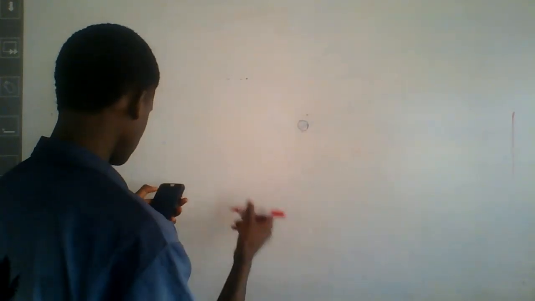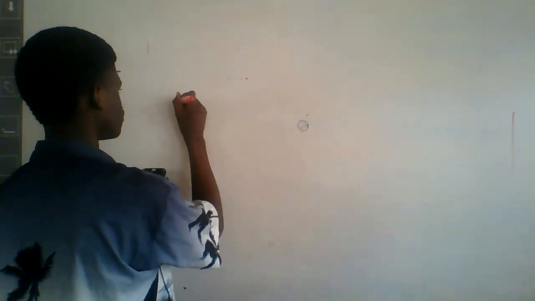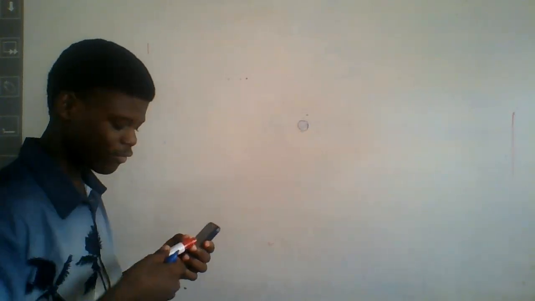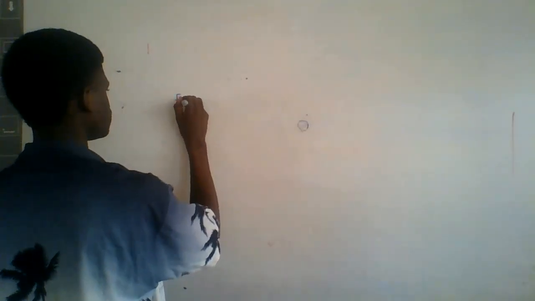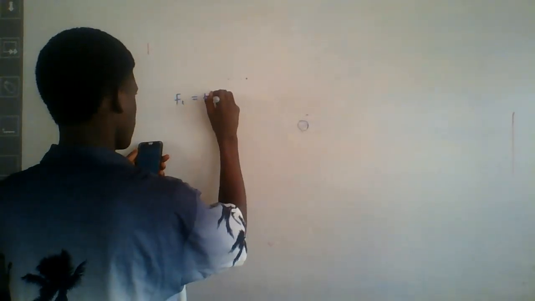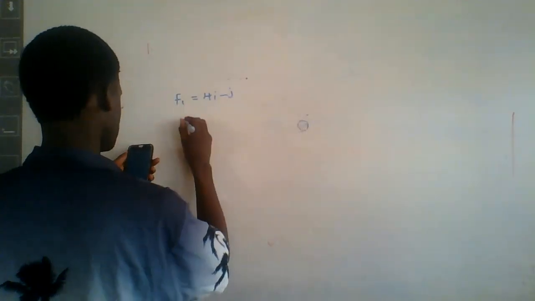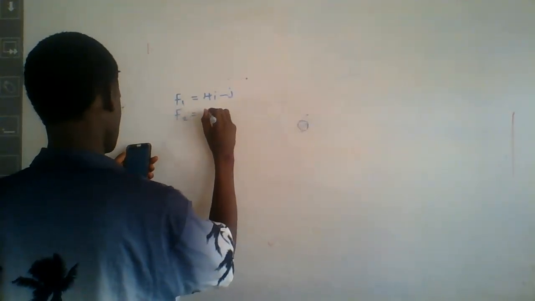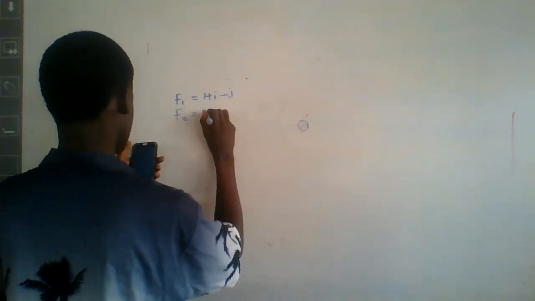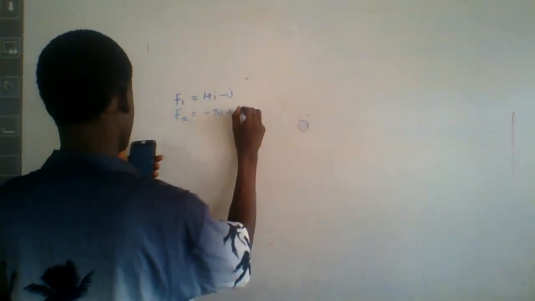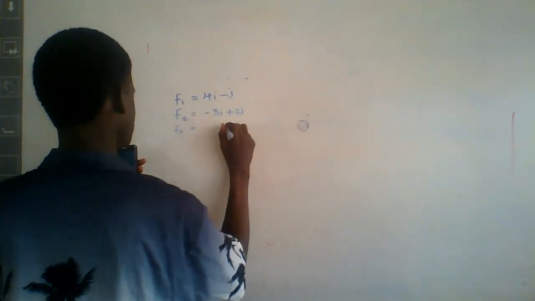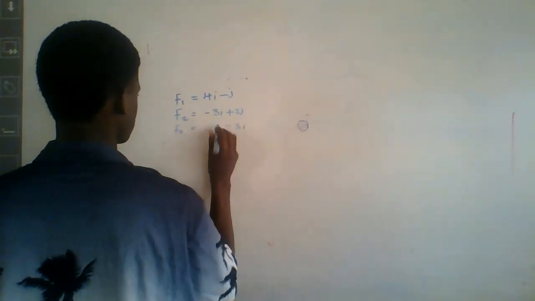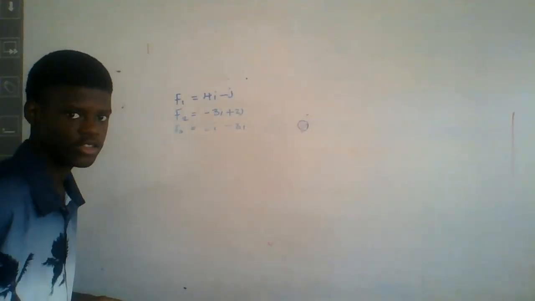So question number two. They said if three forces, F1 is equal to 4i minus j, F2 is equal to minus 3i plus 2j, and F3 is equal to 0i minus 3j, find the resultant.